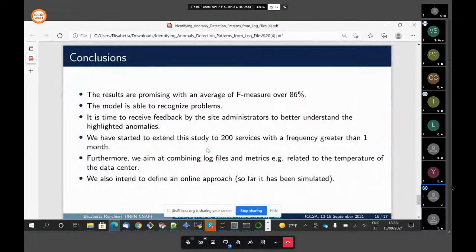And in conclusion, we consider the results we get by applying just these three techniques promising. The F measure is over 86%. The model that we build is able to recognize problems in the analyzed files.